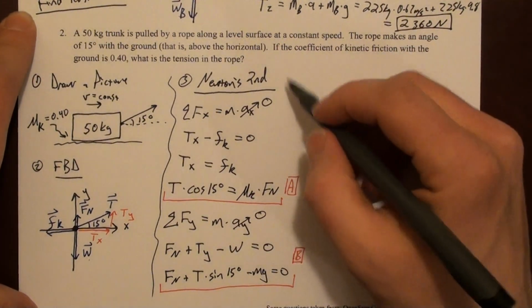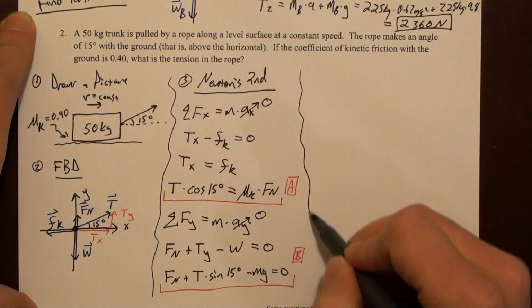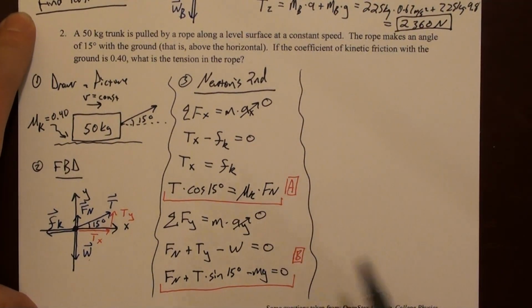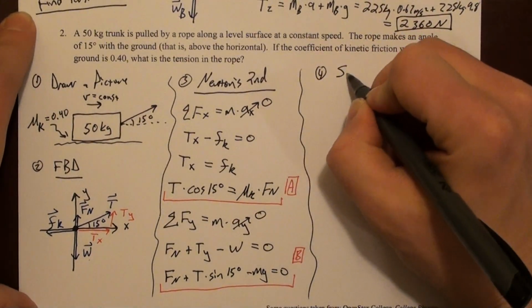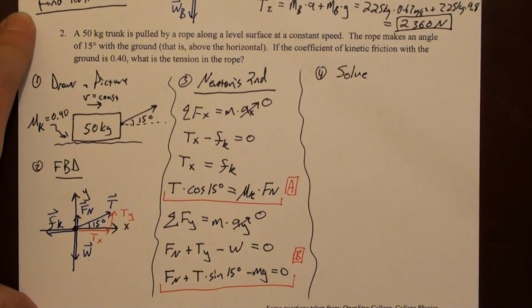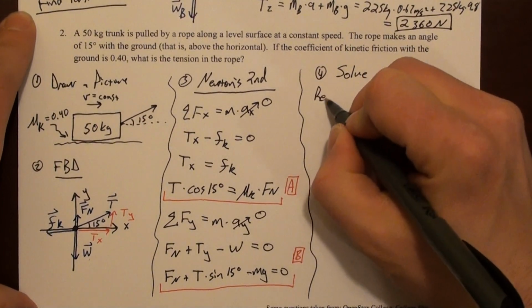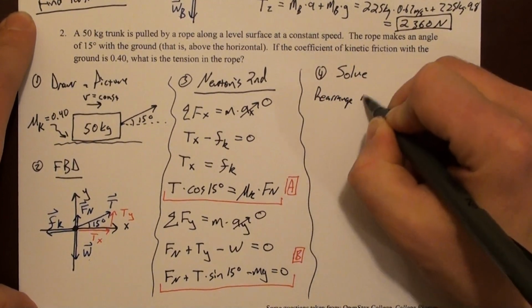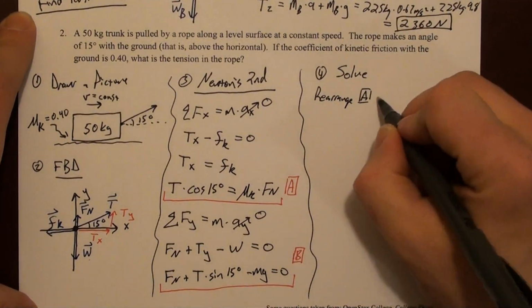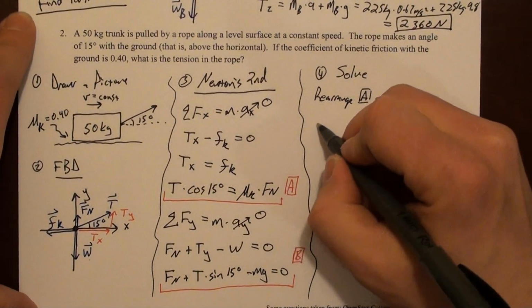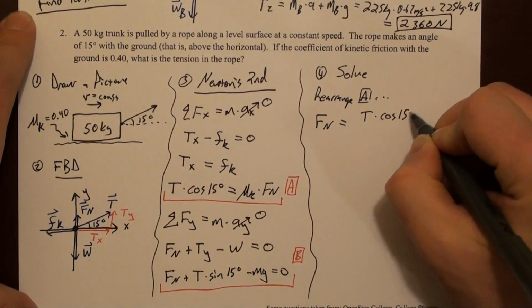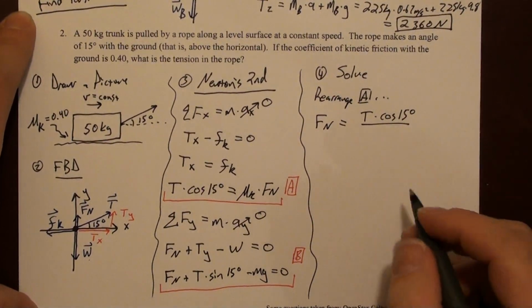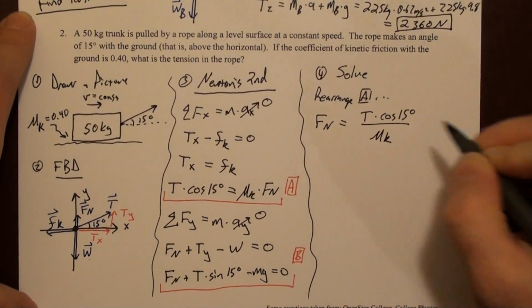Right? So at this point, it's just a math problem. At this point, it's two equations and two unknowns, so I can do whatever method of solving this system of equations that I feel comfortable with. What I'm going to do is rearrange A to solve for F sub n, the normal force, and when I do that, I get T cosine 15 divided by mu sub k.